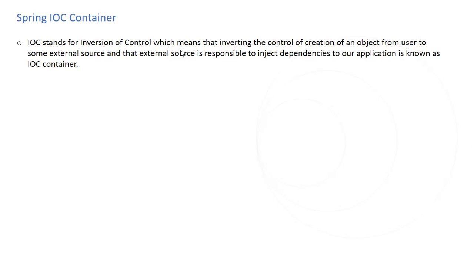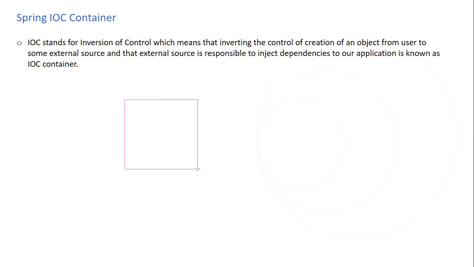Okay, now that is the meaning of inversion of control. Inversion of control means inverting the control of creation of objects from the user to some external source, and that external source, which is responsible for injecting the dependencies into our application, is known as the IOC container. In our application, suppose we require a door object. We do not need to create the door object.